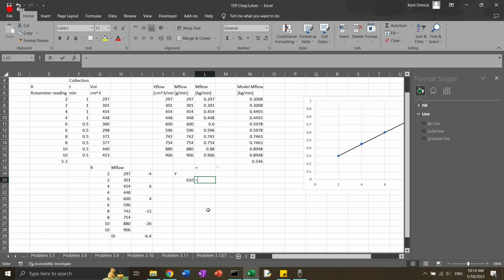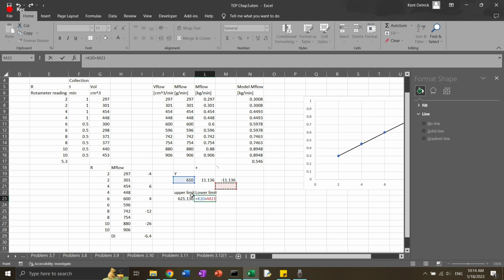Our plus will equal 1.74 times this value, and our minus will equal the same thing, but negative of this. So the upper limit is equal to this plus this, and the lower limit is equal to this plus this.